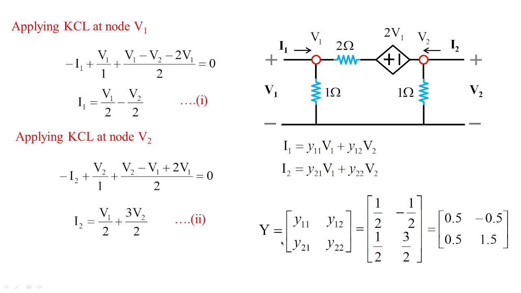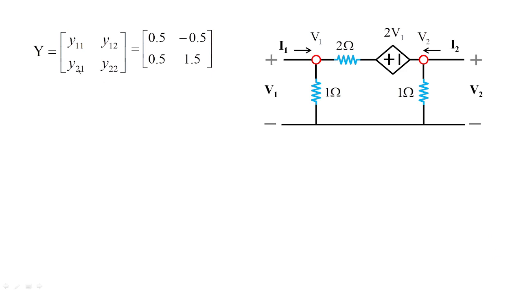So that the Y parameters of this particular network is equivalent to 0.5, minus 0.5. Again you have here 1 by 2 which is 0.5 and 3 by 2 will give you the value as 1.5. Okay, so we have obtained the Y parameters.